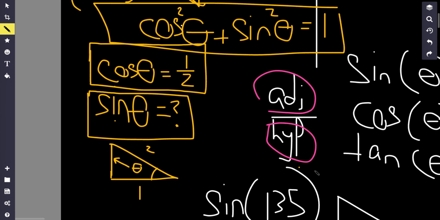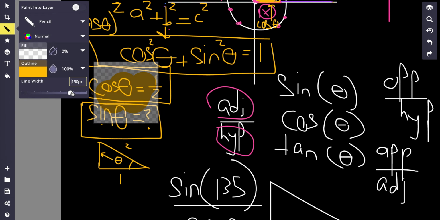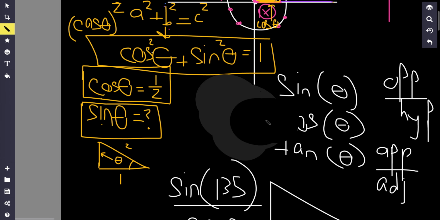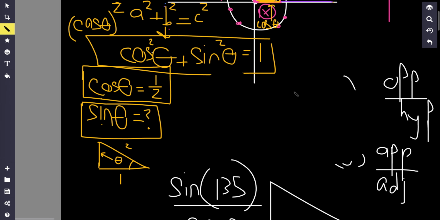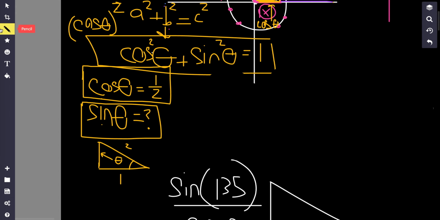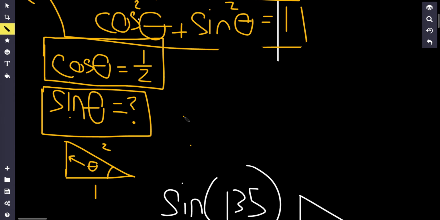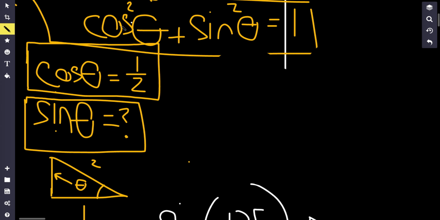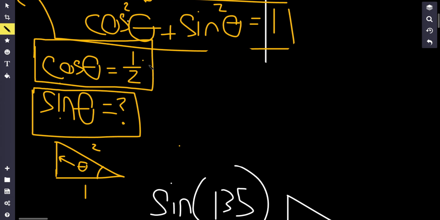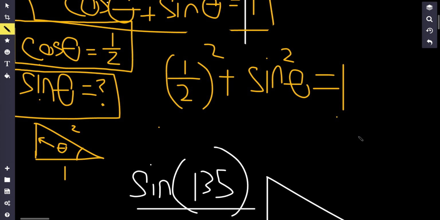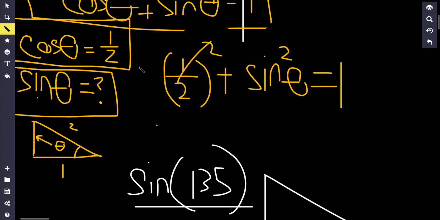You could just say that cosine of theta squared, in this case, we know cosine of theta is 1/2, so it's going to be 1/2 squared, plus sine theta squared is equal to 1. 1/2 squared is just 1/4.